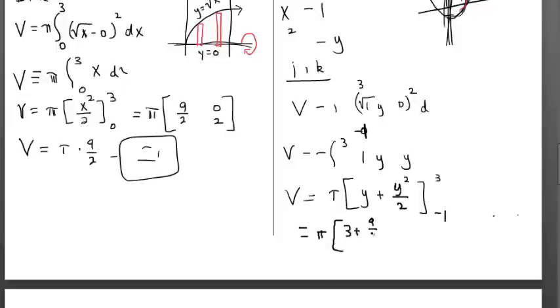Three plus 9/2 minus -1. Plug in -1 squared plus 1/2. I think you're getting the idea. Okay, when that's all said and done, you're going to get 8 pi.